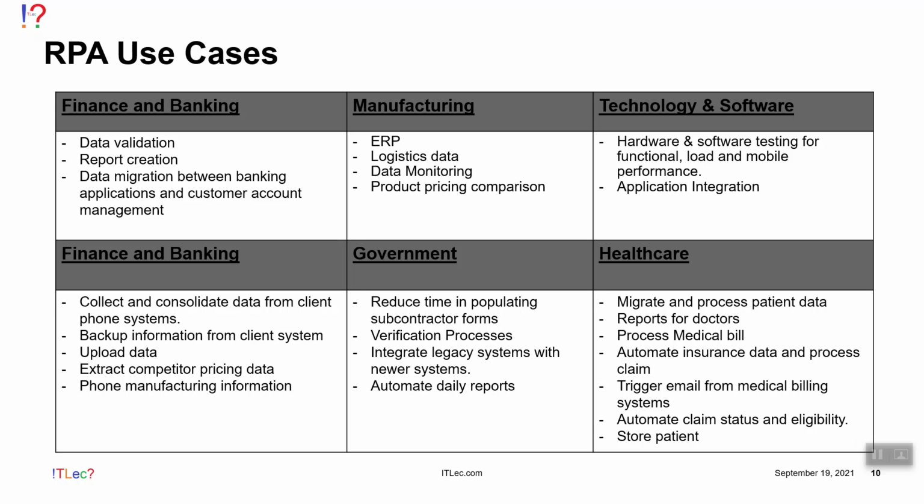In government, it can verify processes, integrate legacy systems with newer systems, and automate daily reports. In healthcare, it can generate reports for doctors, trigger email from the medical billing system, and automate claim status and eligibility. A lot of things RPA can actually achieve.